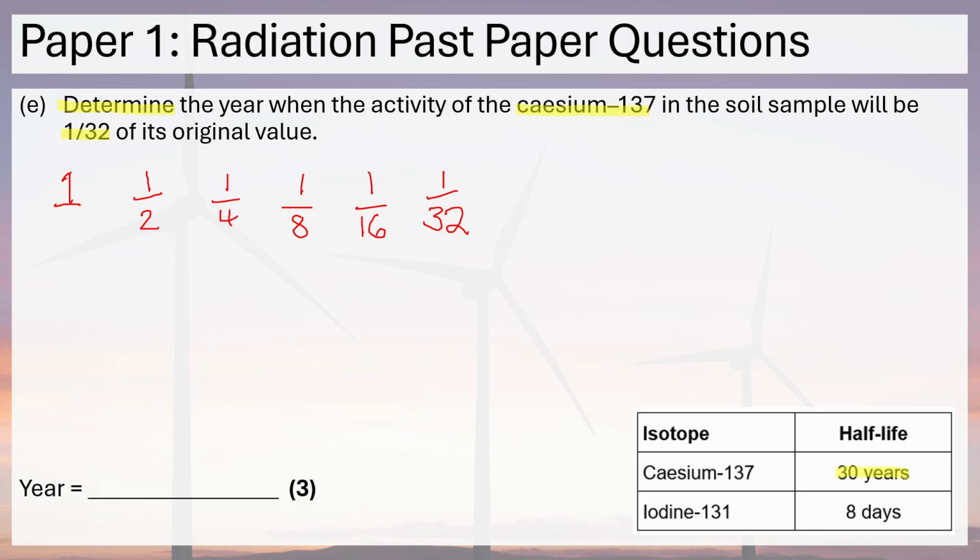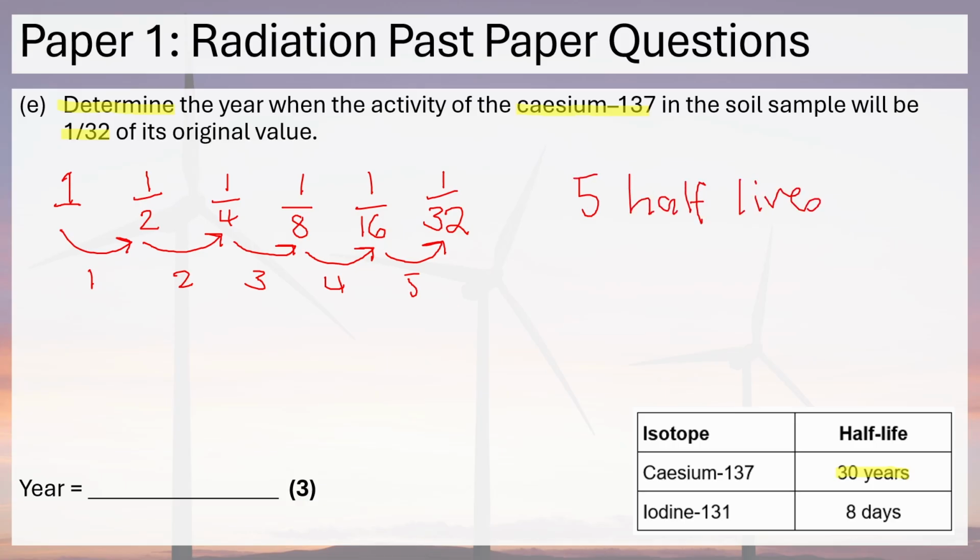So now it's going to be one half-life here, a second half-life to take us to a quarter, a third half-life to get to here, a fourth one here, and a fifth half-life there. 1, 2, 3, 4, 5. So that's 5 half-lives.